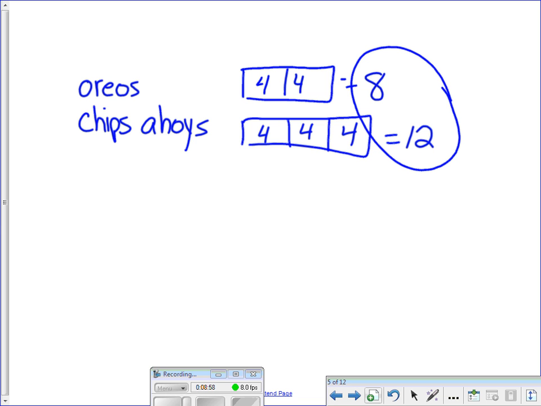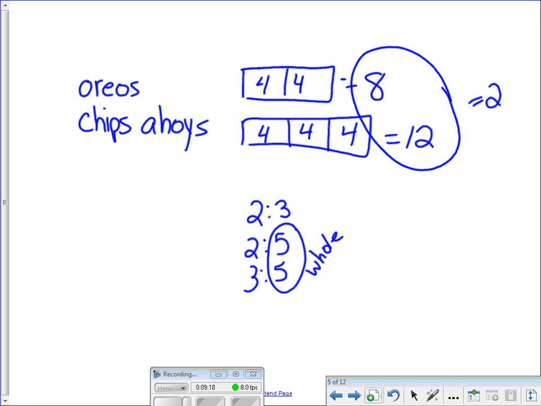Now remember, I had 2 to 3. So my part to whole would have been 2 to 5 or 3 to 5. So in my ratio, my 5 was my whole. But is my 5 my total number of cookies? No. What's my total number of cookies? 20.